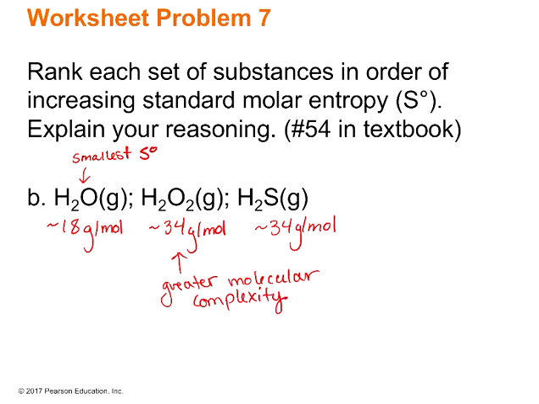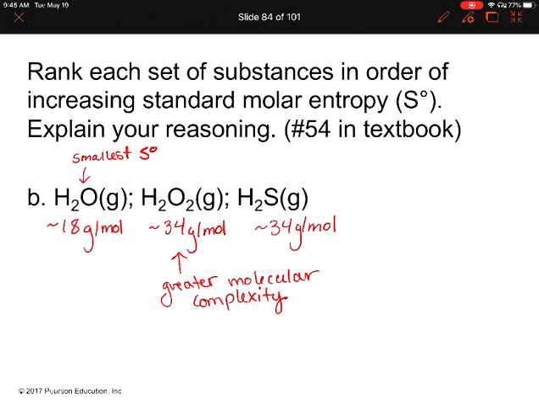All right, so in our final ranking, we would put H2O2 as having the greatest standard molar entropy, followed by H2S, followed by H2O. So again, we had to consider not only molar mass, but also molecular complexity for that one.